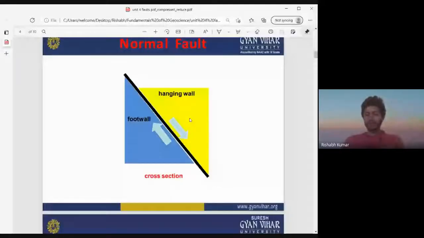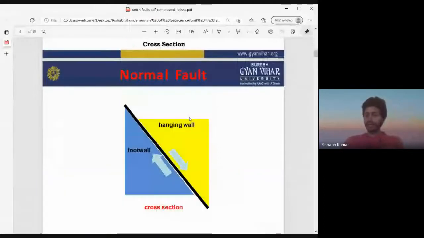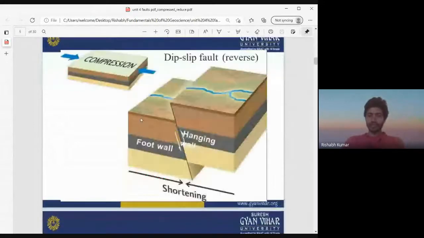जब आपका जो hanging wall है वो slide करके नीचे आ जाएगा तो क्या बोलोगे आप? A normal fault. और रिवर्स फॉल्ट कब होगा? जब आपकी हैंगिंग वॉल, if it slides up, that type of fault will be known as your reverse fault, right? तो यहाँ देखो, this is your hanging wall, now this is moving in the upside direction.